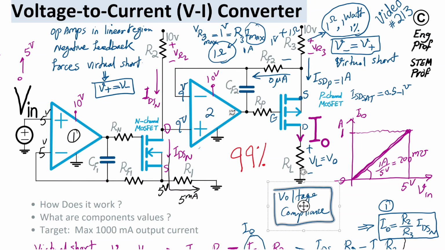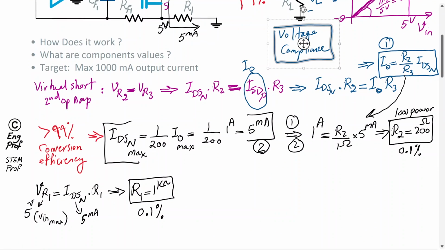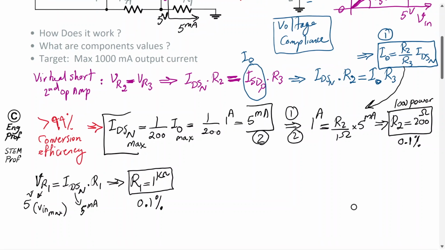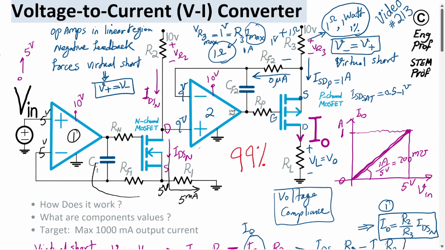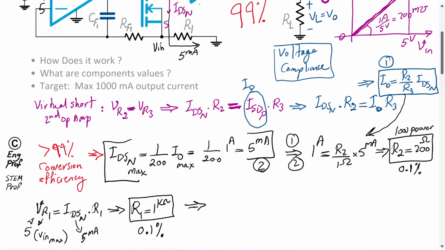So let me just formulate the problem now. With R1 known, because of the way things are designed, no DC current can go through these. So whatever V in comes in, that V in will appear across the resistor R1, and therefore the current IDS will be defined.